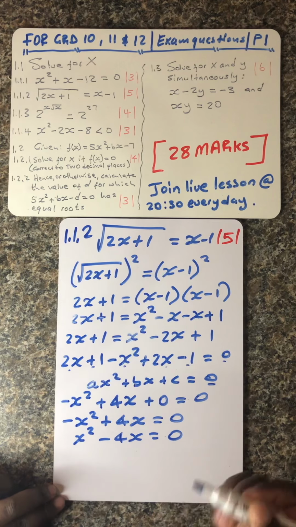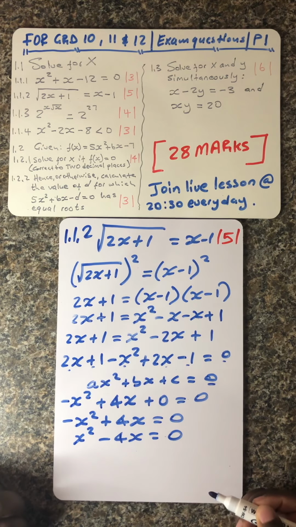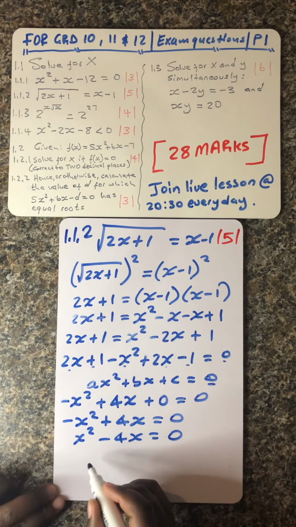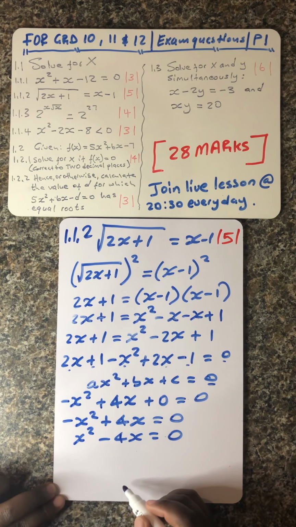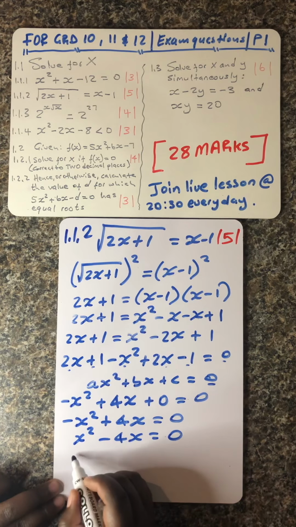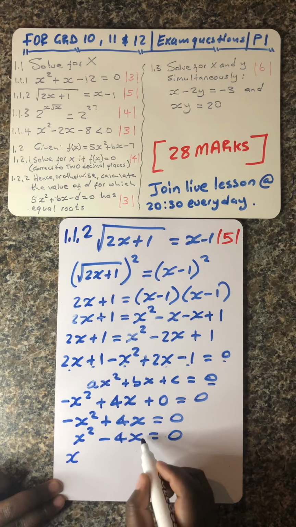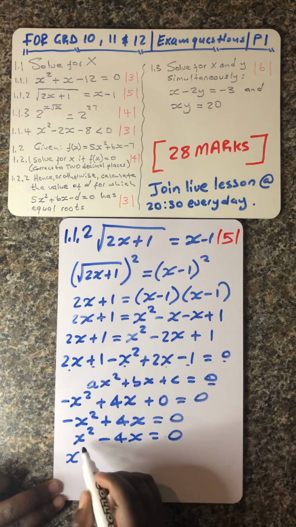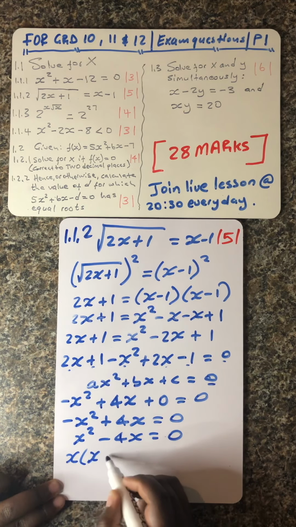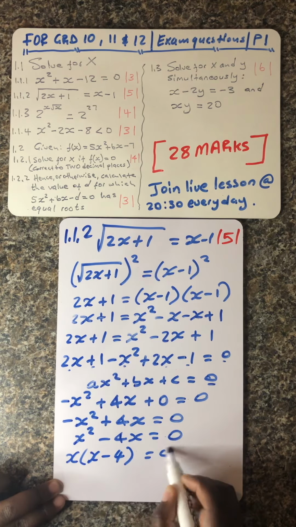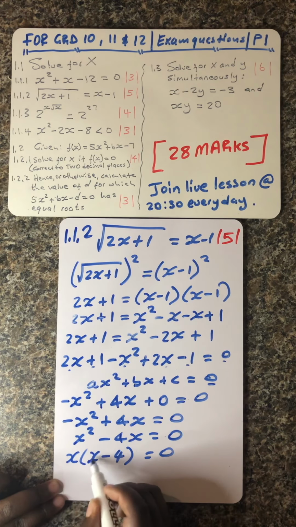We can't. Just like with question 1.1.1, there was a stage where I indicated that we cannot further simplify that equation. So if we can't, that's where we can now factorize. But firstly, with this one, this is how you factorize it, because you see it's 0, so you just take out x as common factor, then you have x on the outside into x minus 4.